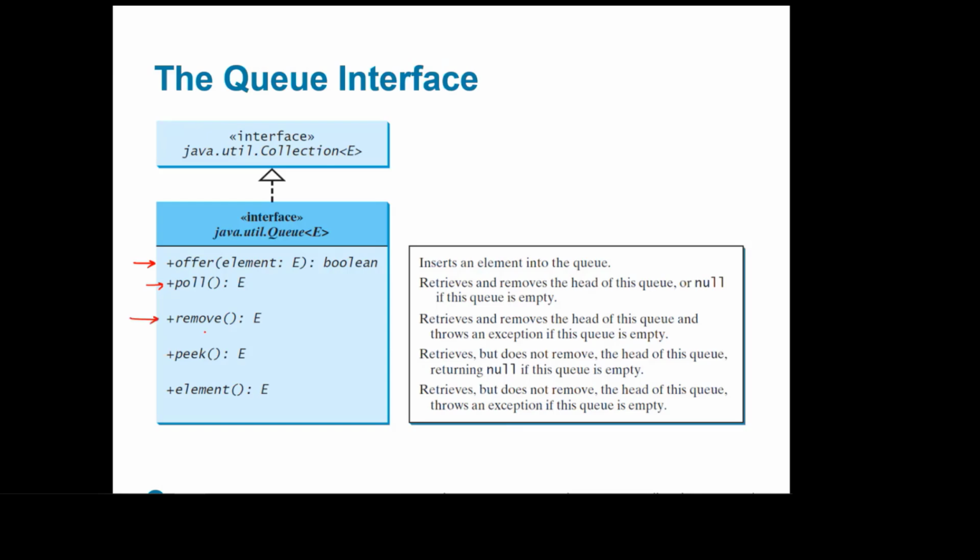Then there is a remove function. Then there is a peek function. Peek will again show what is the next number to be removed if we remove it. And element is similar, but it does not remove the head of the queue. It just retrieves whatever is the element.